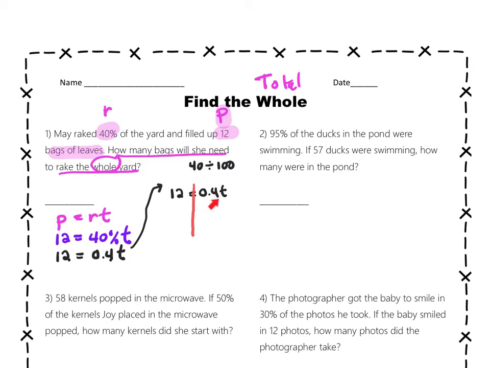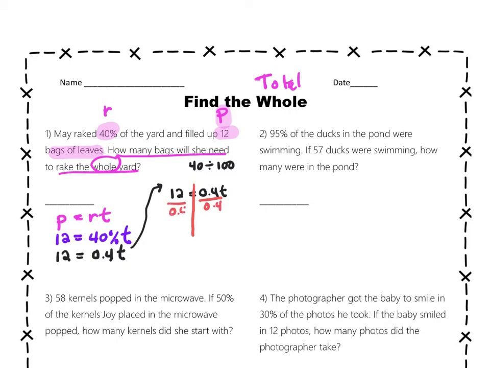If I look at this, 0.4 and T are side by side, which means 0.4 is multiplying the variable T, whatever that total is. The opposite of multiplying is to divide, so I'm going to divide by 0.4 on both sides.